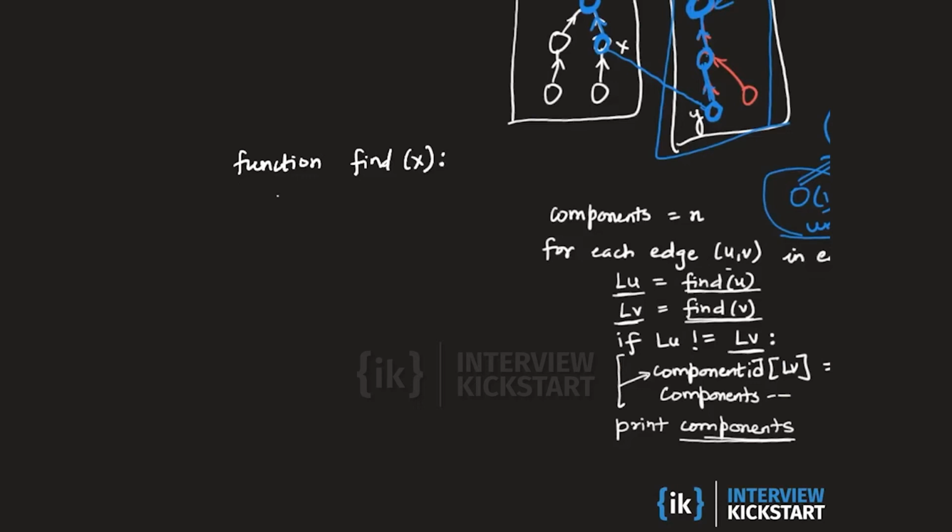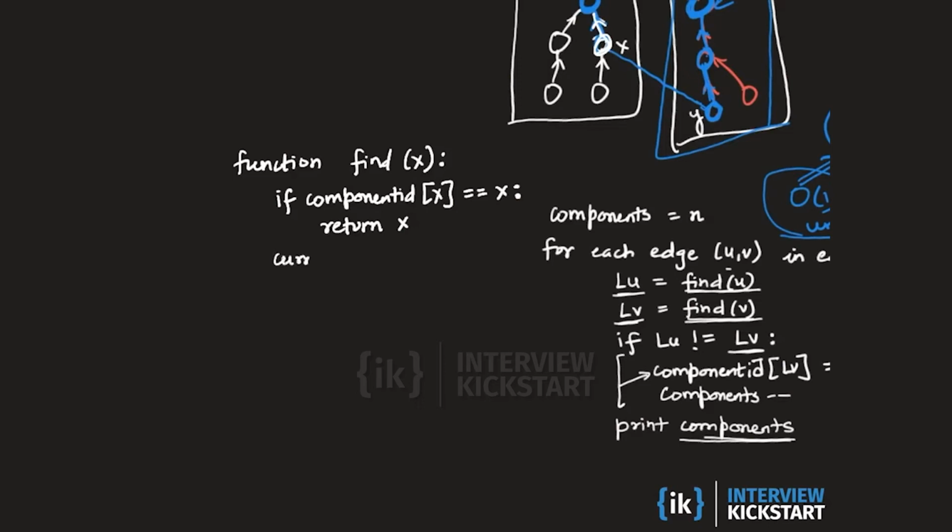Well, if we find that the component ID of x is already x, right, x is following itself, then clearly the leader of that connected component is x itself. Otherwise, we have to walk up that chain. We have to walk up the chain from x until we reach a leader.